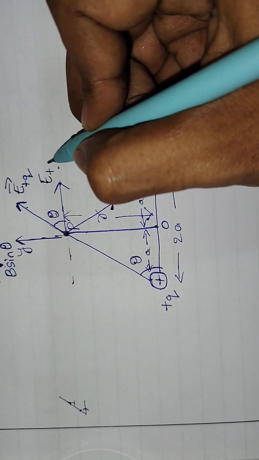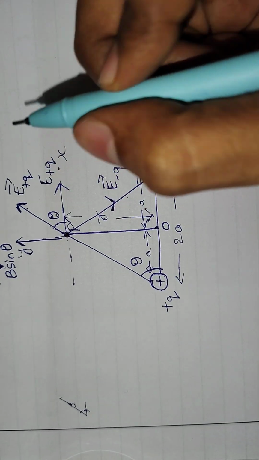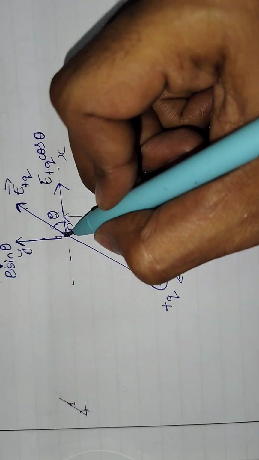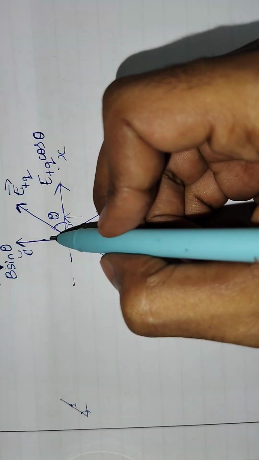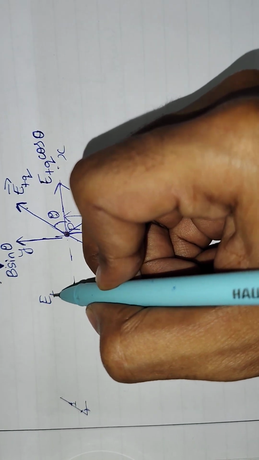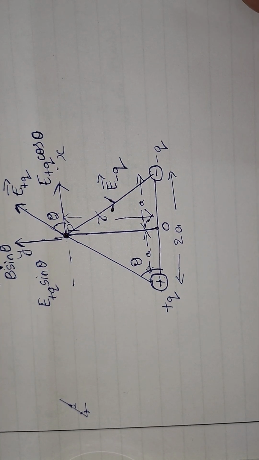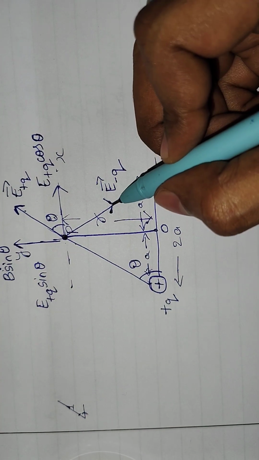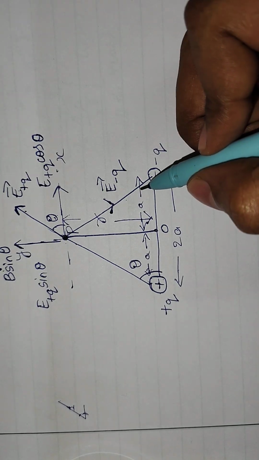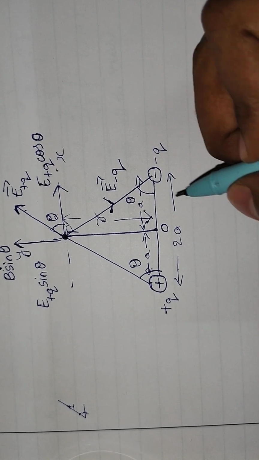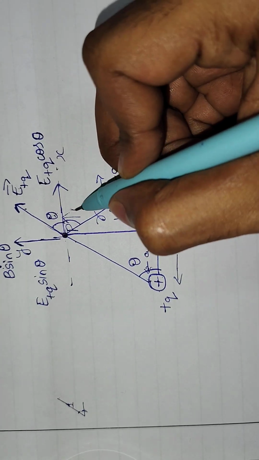I will write it as E plus Q, without the vector symbol, as it indicates just magnitude. E plus Q cos theta is the component lying along this direction, whereas in this direction you have E plus Q sin theta. Similarly, consider this one. If this angle is theta in the triangle we are considering, this angle is also theta. Why is that?